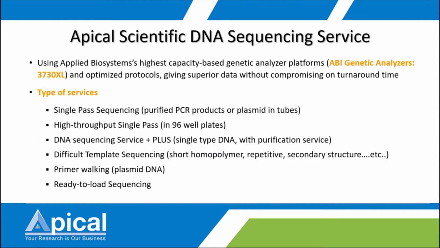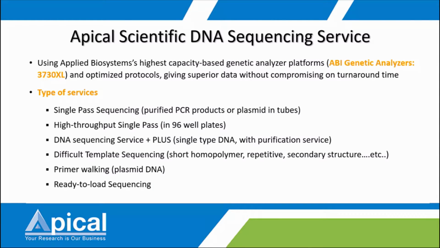Okay, so this is a little bit of info on our DNA sequencing service. We are using a high throughput sequencer, the ABI genetic analyzer model 3730XL. There are 6 main services that we have.